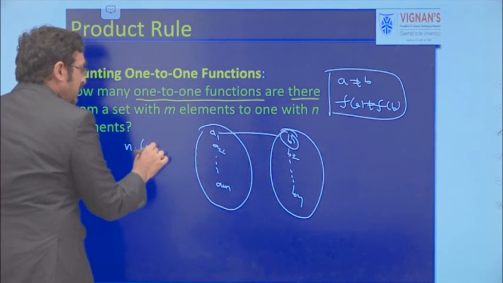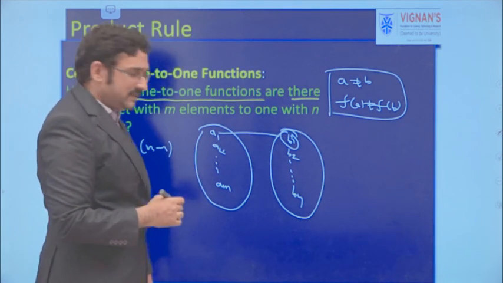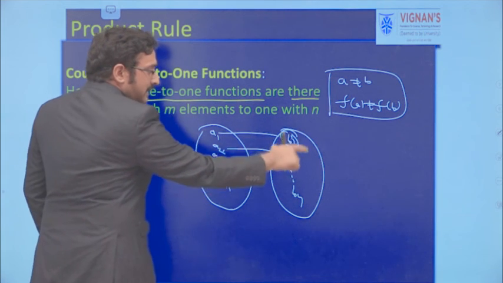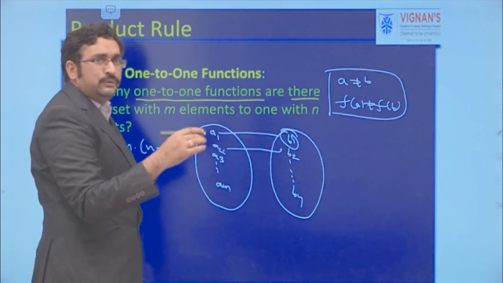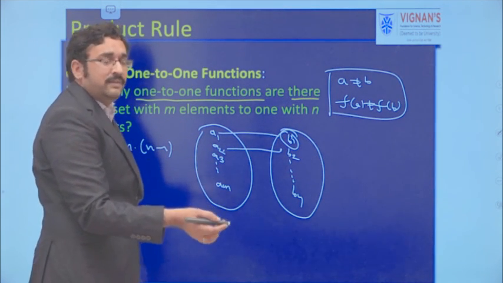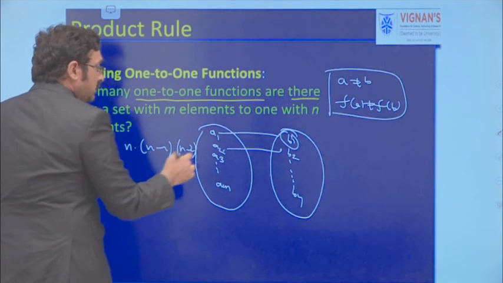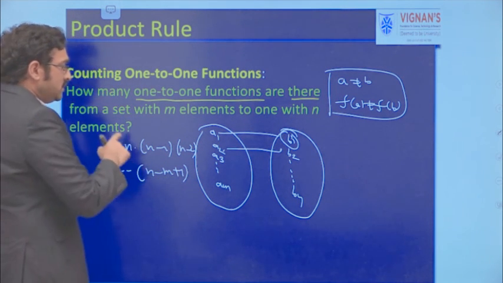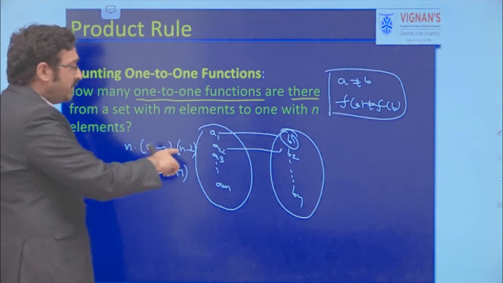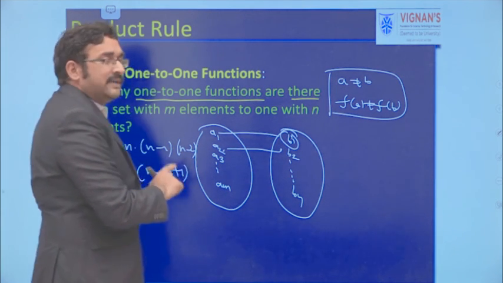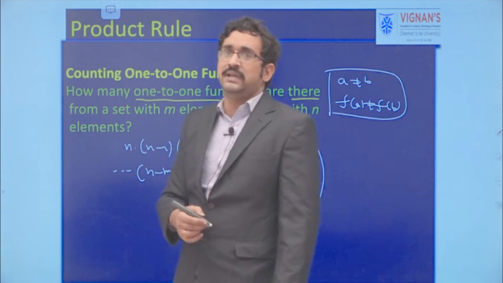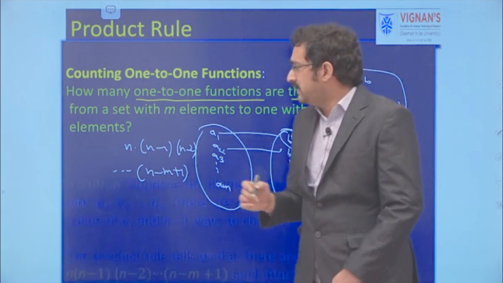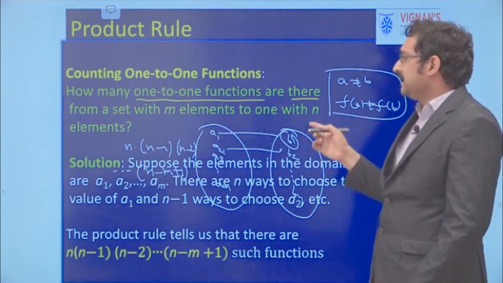For the third element, except these two, it can be mapped to any of the remaining n minus 2 elements. In this way, finally, n minus m plus 1. So n into n minus 1 into n minus 2 and so on, up to n minus m plus 1 ways are there to have one-to-one mappings from a set with m elements to a set with n elements.